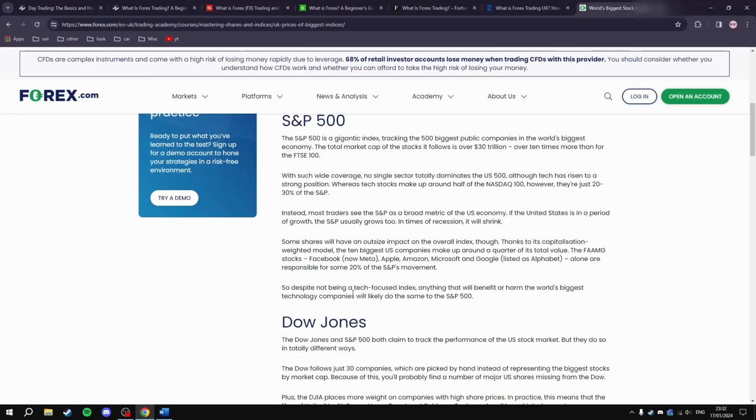Although tech has risen to a strong position, tech stocks make up half of the Nasdaq 100, whereas they're just 20 to 30% of the S&P.